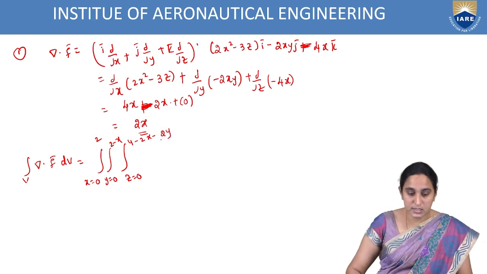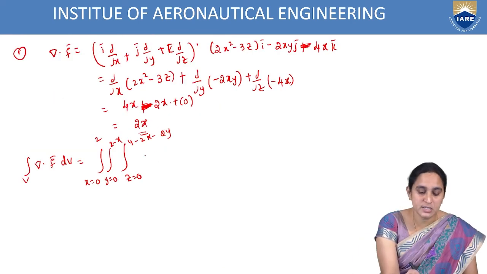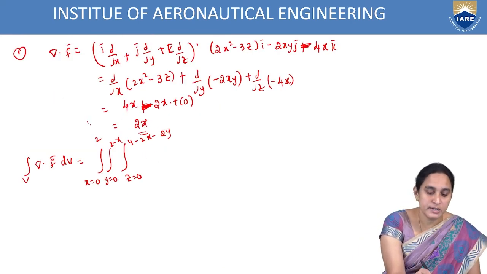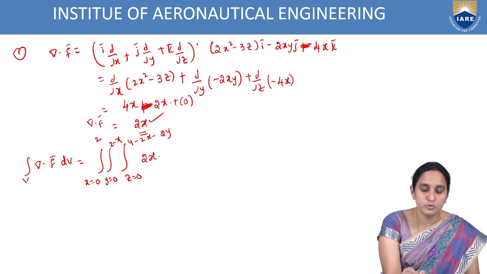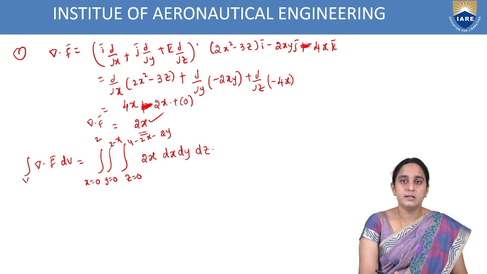The function del dot f bar is 2x. Now substitute 2x, and dv is dx dy dz.